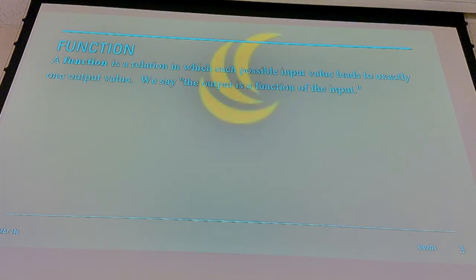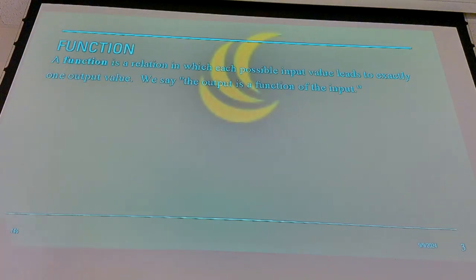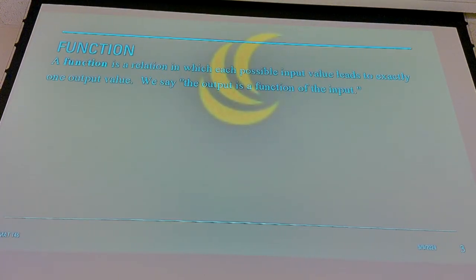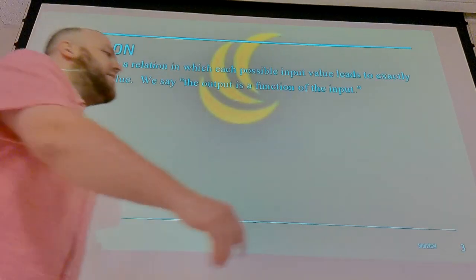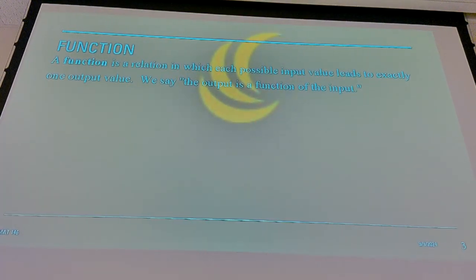So the input can only go to one output. But notice what it doesn't say there. It doesn't say that each output can only have a single input.